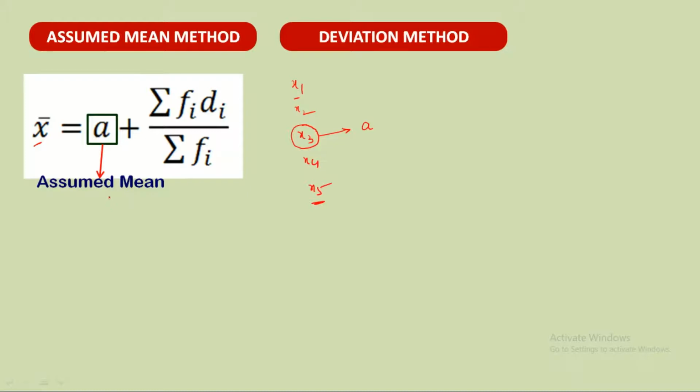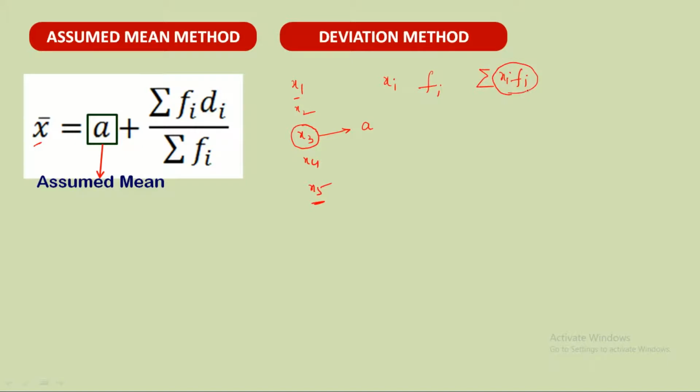When the values of the class marks and frequencies are a little larger, finding the product of xi and fi, just like in our earlier formula, becomes difficult and time consuming.